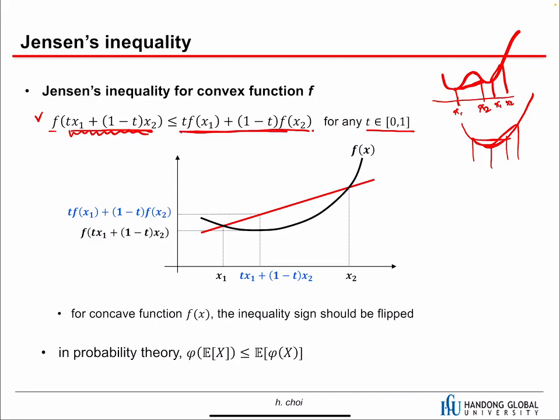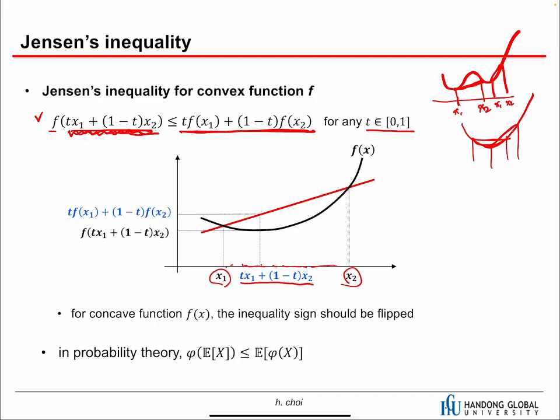And this one is a weighted sum of f of x1 and f of x2. So t x1 plus 1 minus t times x sub 2 is one point between x1 and x2. It could be any point here.